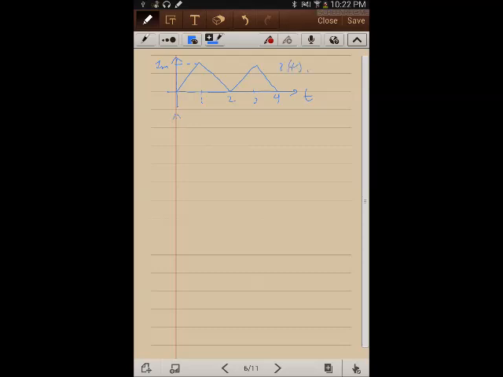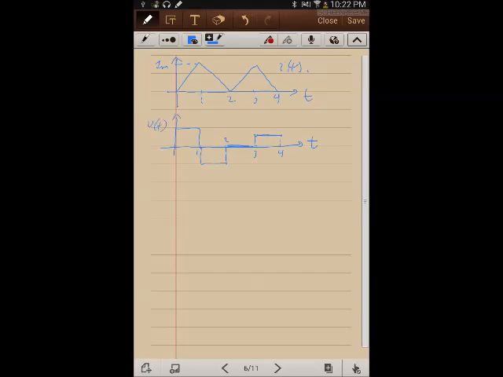And we have a voltage across this particular device going like so. Then it's 0. Then it's positive again here. This is the voltage as a function of time.